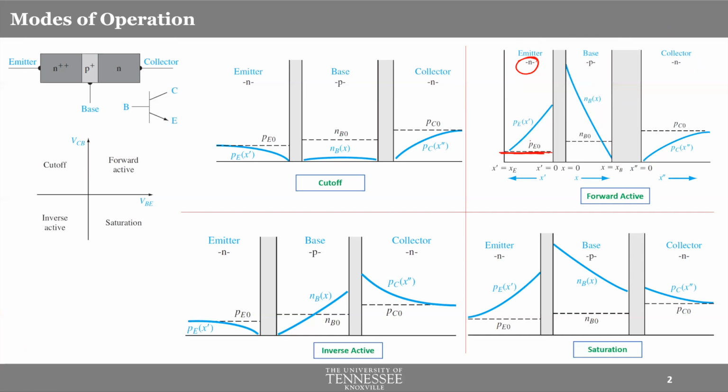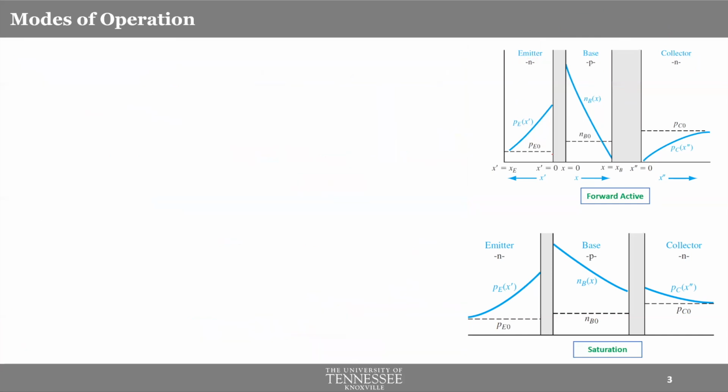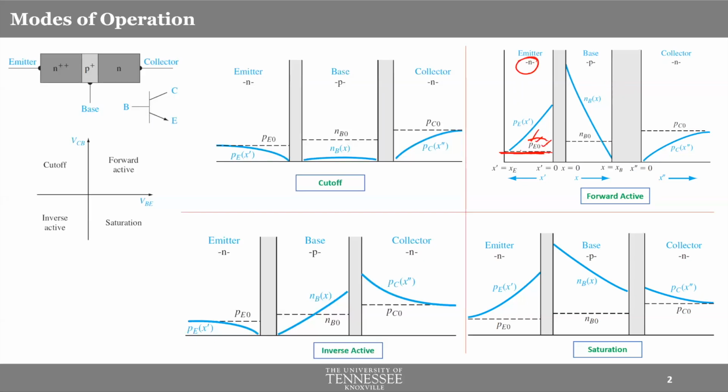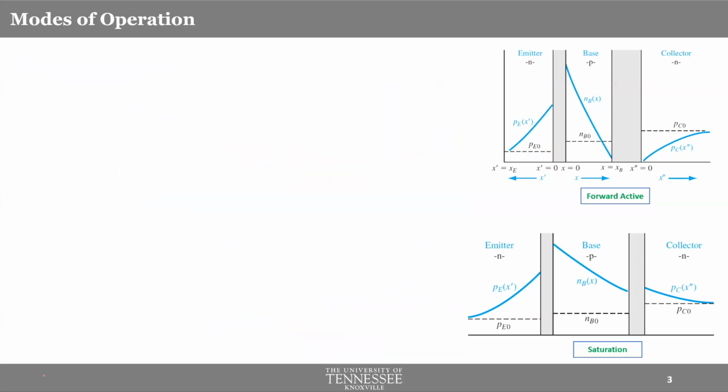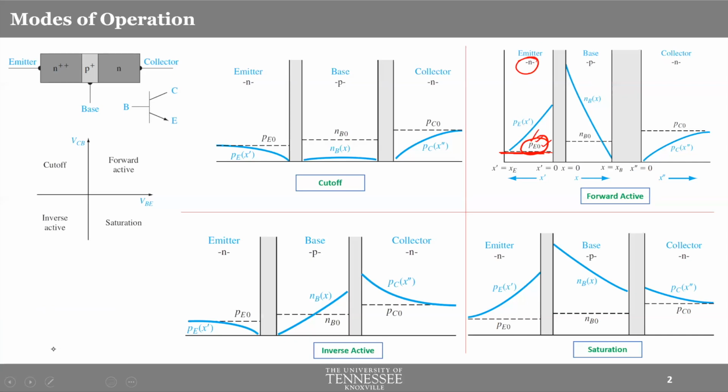P represents the concentration of holes, E stands for the emitter region. So PE0 is the number of holes in the emitter region at thermal equilibrium. Just recall that thermal equilibrium means you haven't applied any external voltage or anything. If you don't apply any external voltage, then you'll have this level. But are we operating in thermal equilibrium at all?